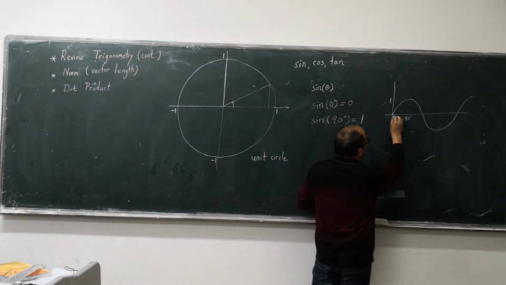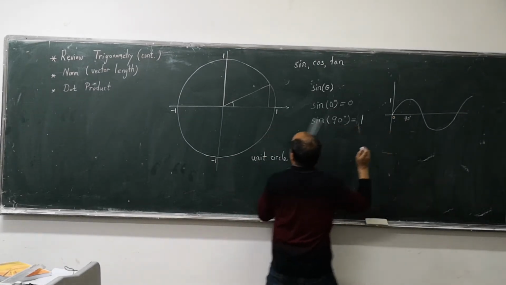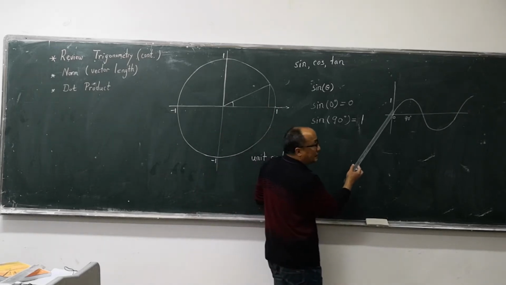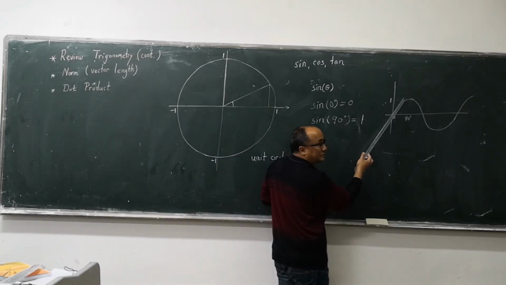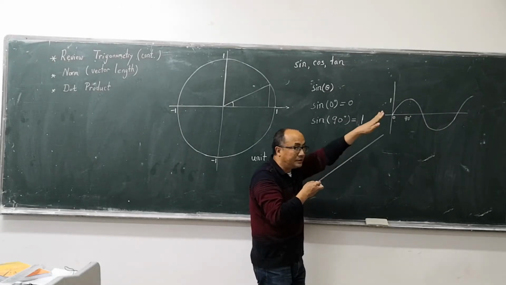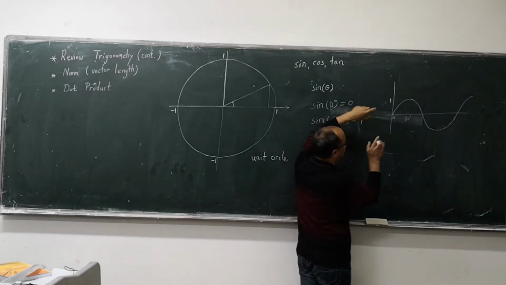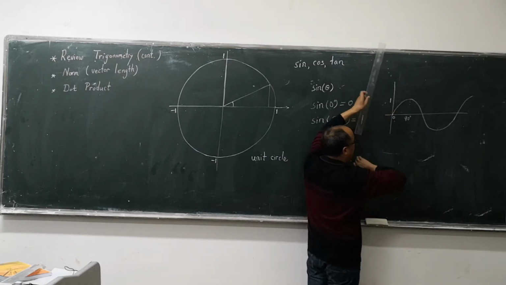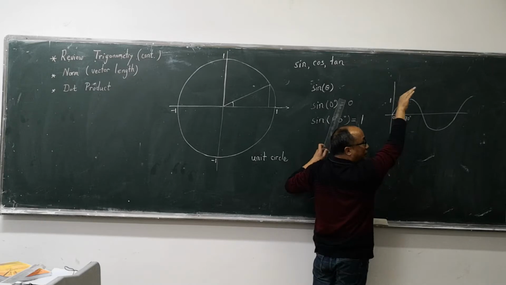When the angle goes from 0 to 90, sine gets larger and larger. But it's not linear. It's not a straight line. It's a curve.